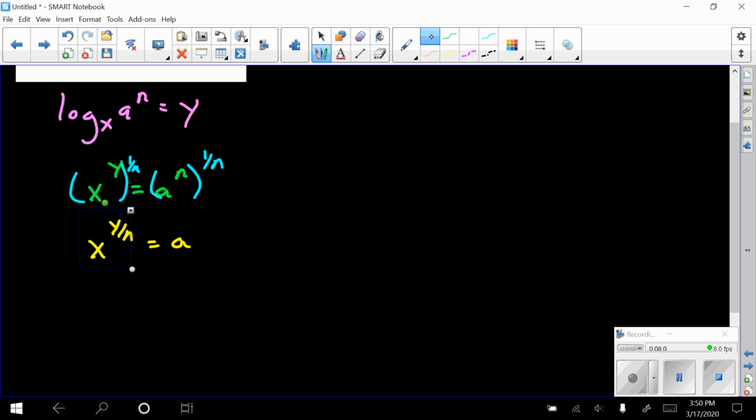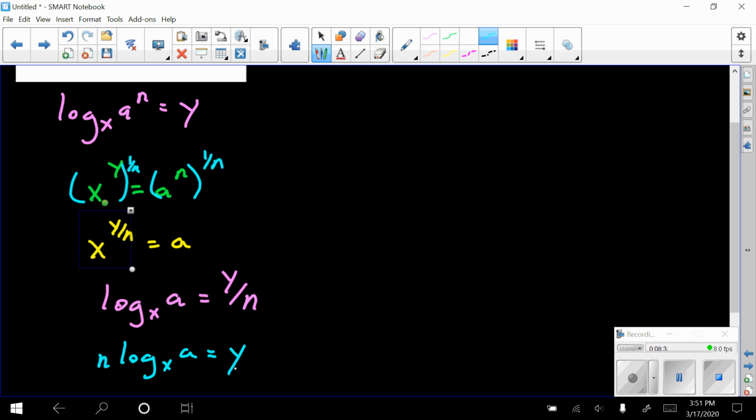If I convert it back into a logarithm, we're going to have log base x of a equals y over n. And then one last step, let's get y by itself. If I get y by itself, that means I need to multiply both sides by n, leaving me with n log base x of a equal to y.